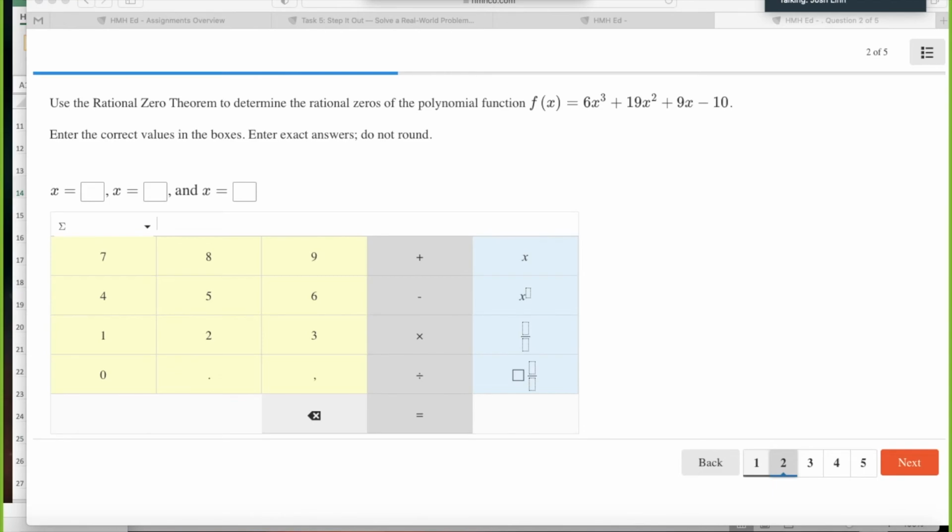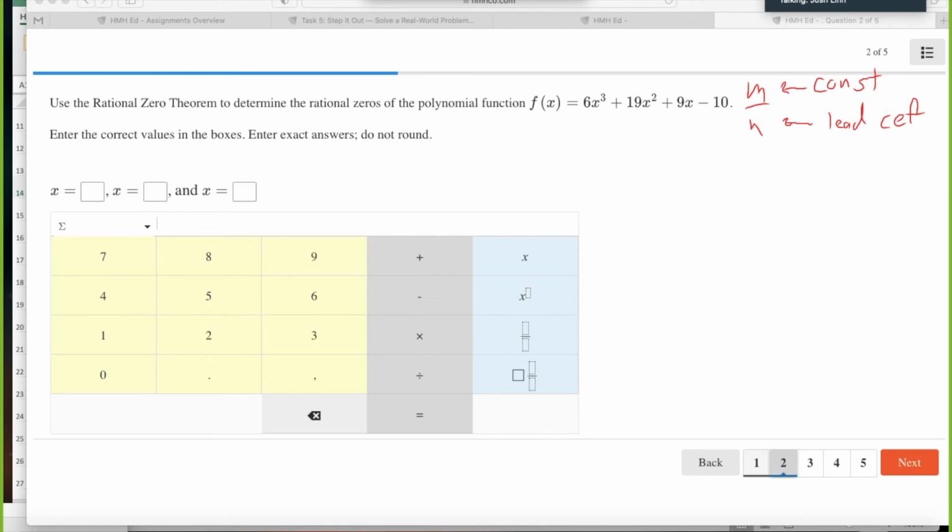Alright, so it says use the rational zero theorem to determine the rational zeros of the polynomial function. As a reminder, the theorem says all of your zeros are going to be m over n, where m is a factor of the constant, and n is a factor of the leading coefficient.